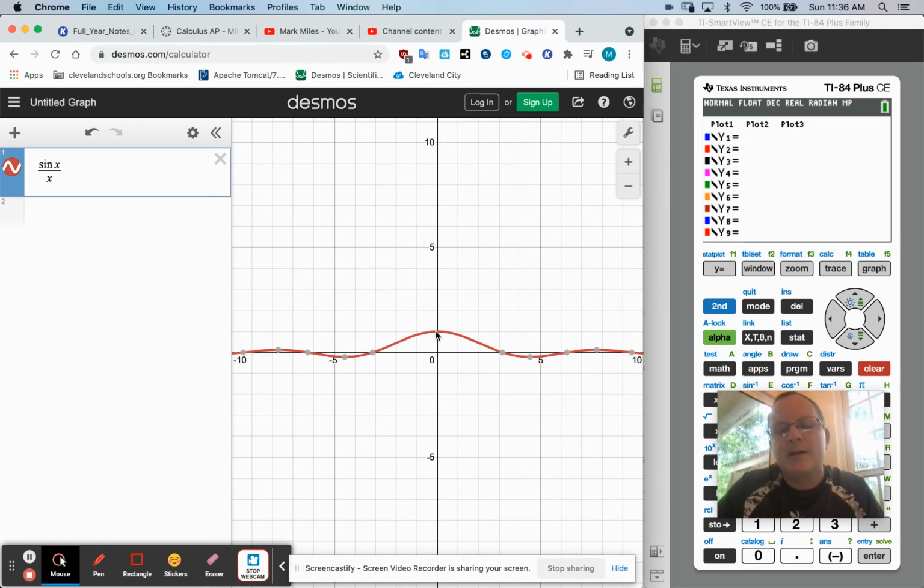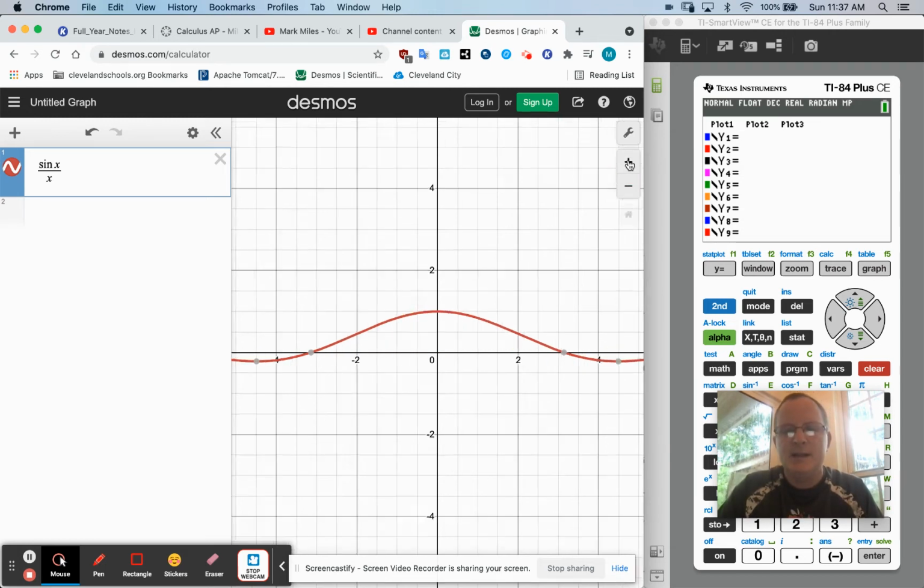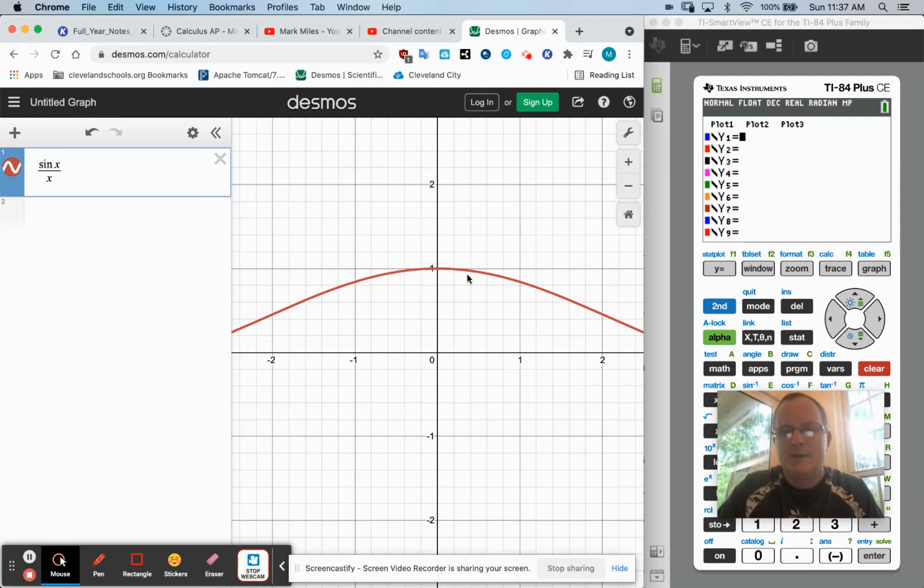If I click right here, we're going to see an undefined. There it is. But as you can see, just by zooming in a little bit, those values are approaching 1. So the limit as x approaches 0, only there.